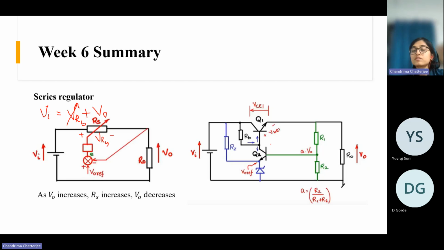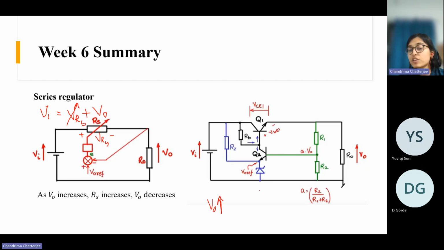Suppose we have a constant reference here. And suppose our output voltage has increased from its previous value. That we don't want. We want to maintain it at a constant value, but somehow it has increased. So what will happen if V naught increases?